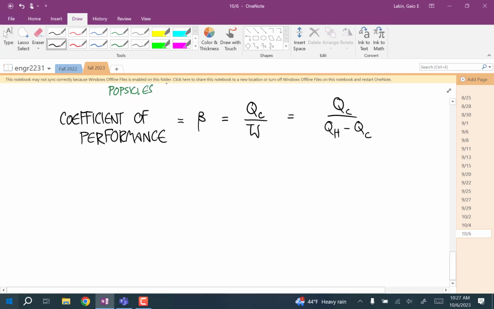And then the last one of the three big cycles is the heat pump cycle. I want you to notice this is the exact same cycle as the refrigeration cycle.